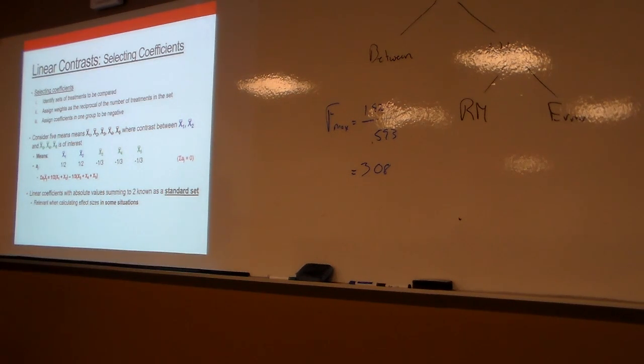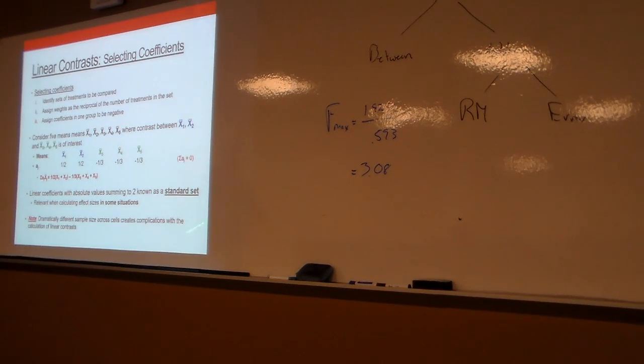But what I don't have is a standard set, because if I add 3 and 3, and 2 and 2 and 2, taking the absolute value, I end up with a total of not 2, I end up with a total of 12. If I did that, it'll still give me the right test if I run it correctly. What it won't do is let me use the value of that contrast as the numerator of my effect size.